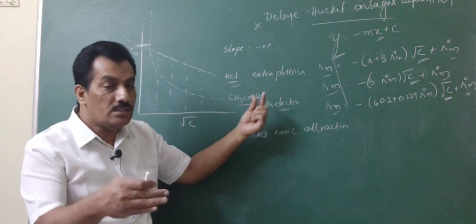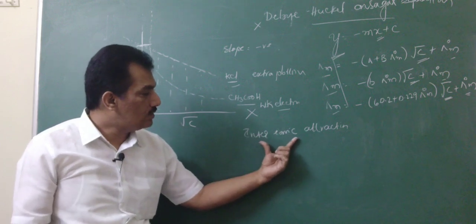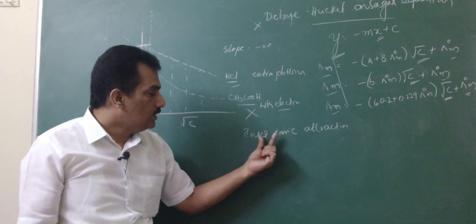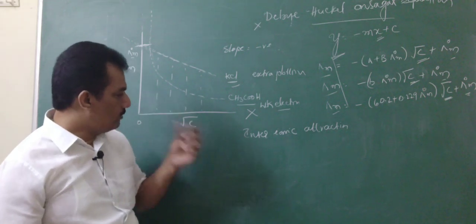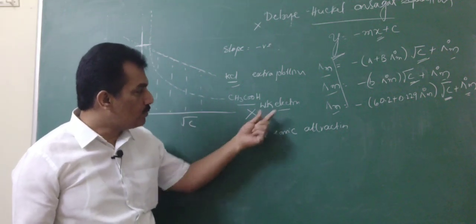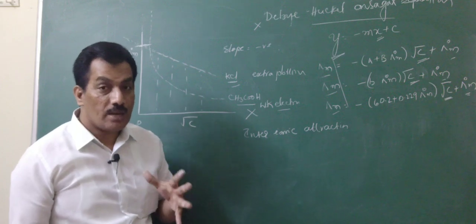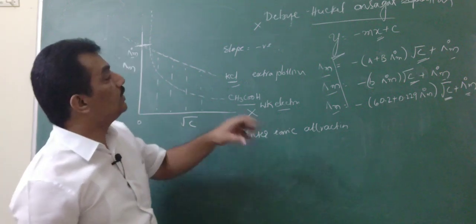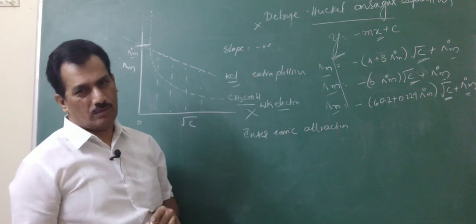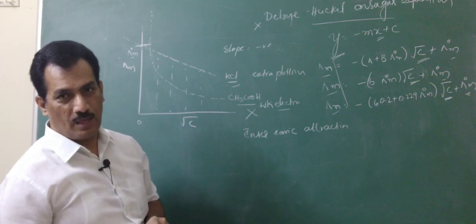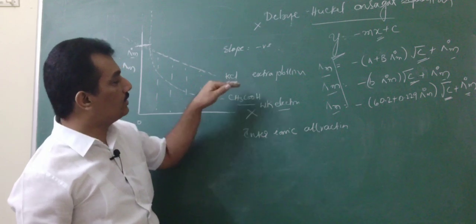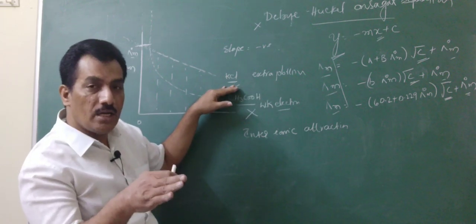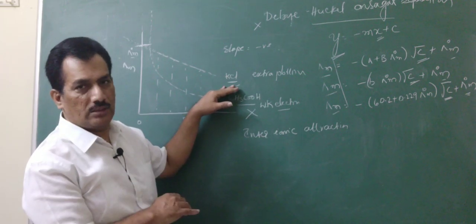The reason behind it, again, is interionic attractions. So if interionic attractions are responsible for deviations, at what concentrations can we apply the Debye-Hückel-Onsager equation for finding the infinite dilution conductance for strong electrolytes?